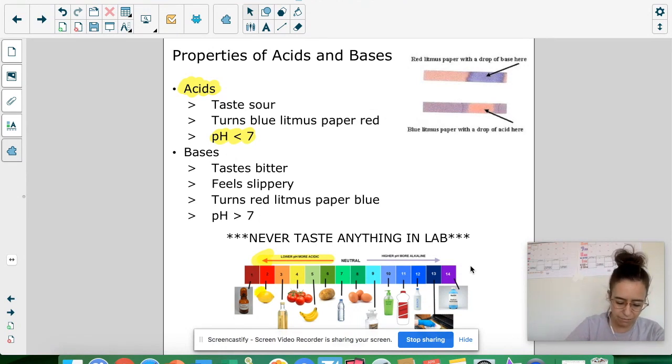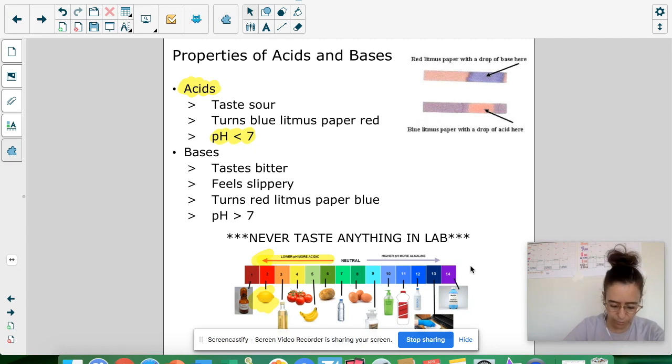So lemon tastes sour. Please don't taste anything to know whether it's acidic or basic, but lemon tastes sour, tomato tastes sour, okay? And another property of acids is that they turn litmus paper red, okay? So they change the color of the pH paper. And those are the main properties of the acids.